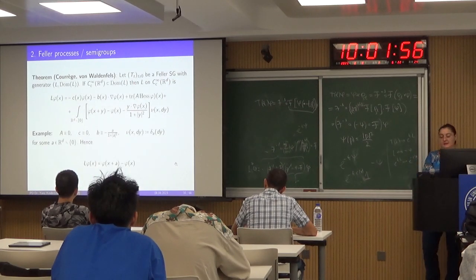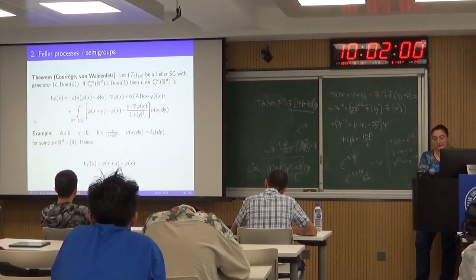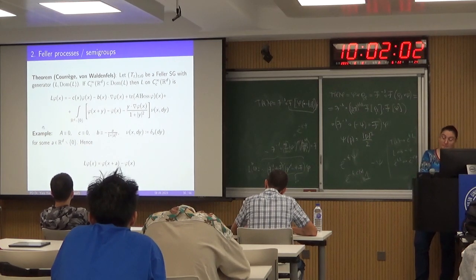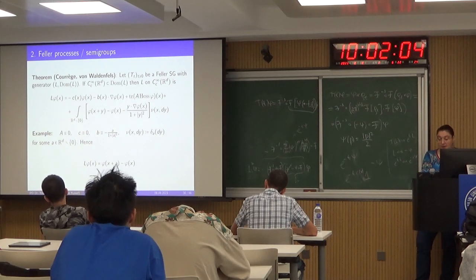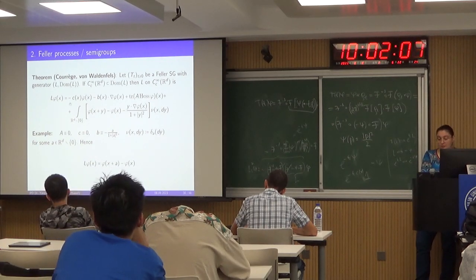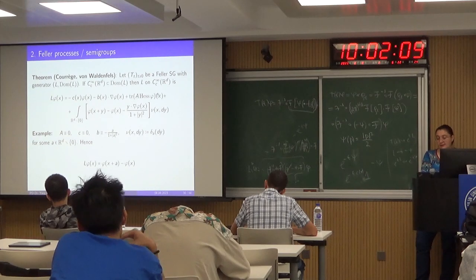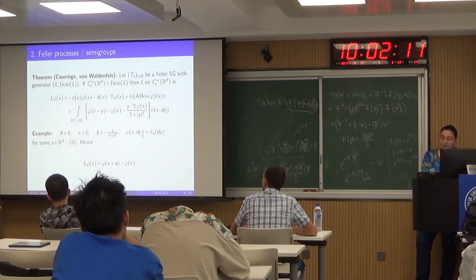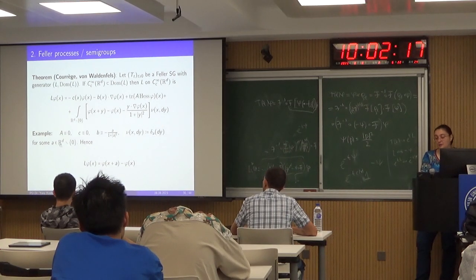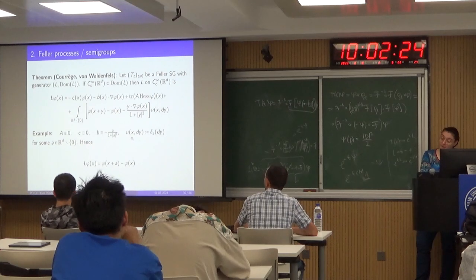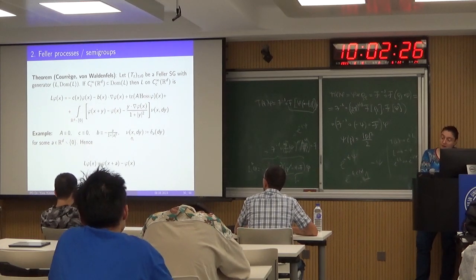So this is the statement of the Lévy-Khintchine theorem, and we consider a particular example. So we kill this term. So c is equal to 0, n is equal to 0, and nu is given by a delta measure concentrated at some point a, which is a vector in R^d but not the zero vector. Okay? Then nu is a bounded measure.